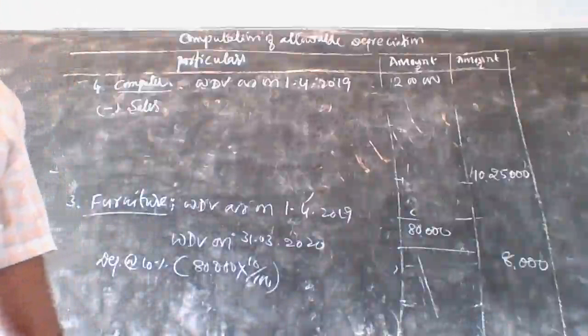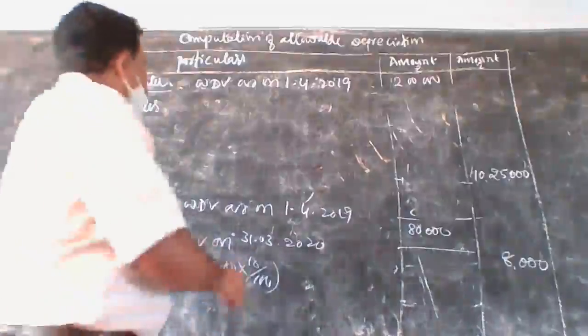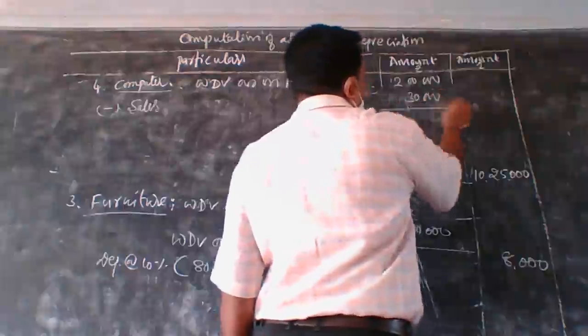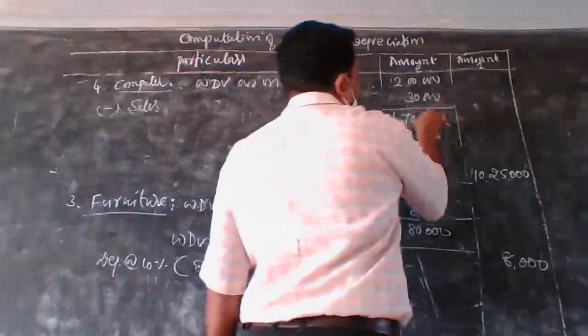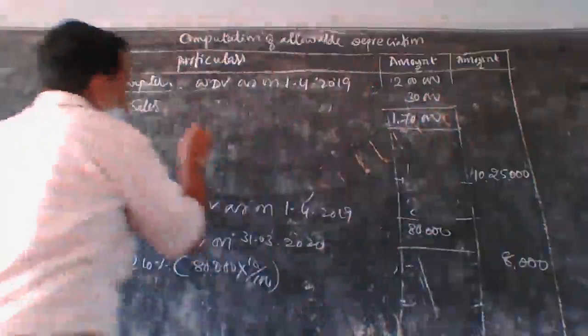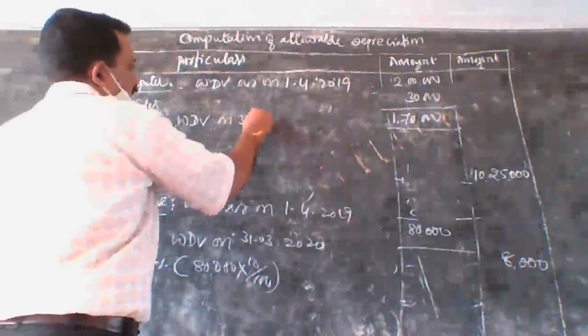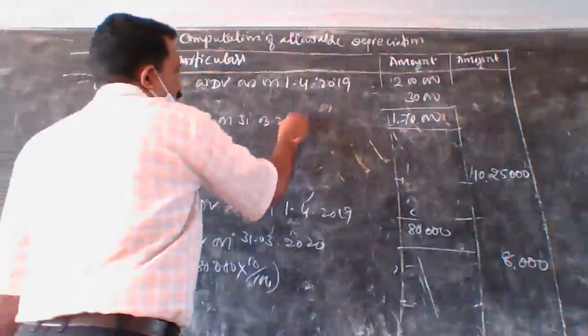So cost is immaterial. Very clear. Whatever will be the cost, sale proceeds matter. Sale proceeds is 30,000. So 1,70,000 is the WDV on 31st March 2020.